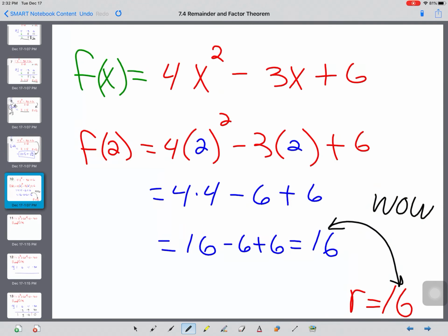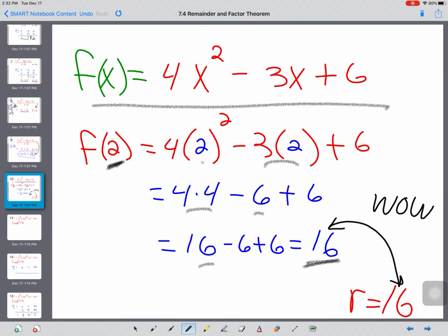So here's the aha moment that we're supposed to get. I'm going to take this same polynomial and find f of 2. Well, plug in 2: 2 squared is 4, 4 times 4 is 16, 3 times 2 is 6, subtract them, and I get 16, which, not coincidentally, is the remainder.